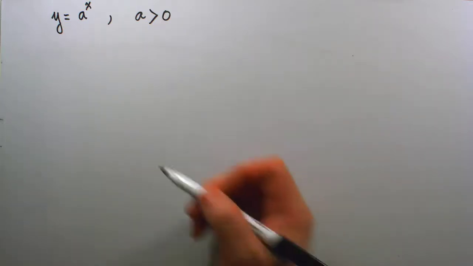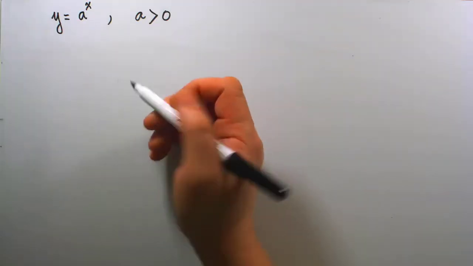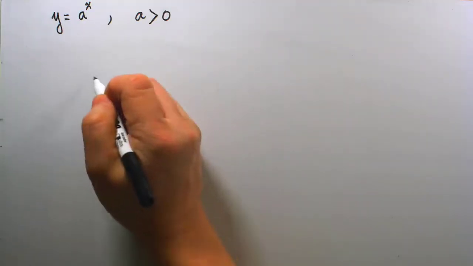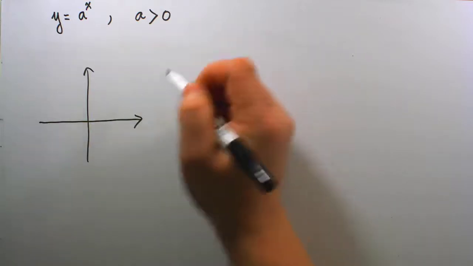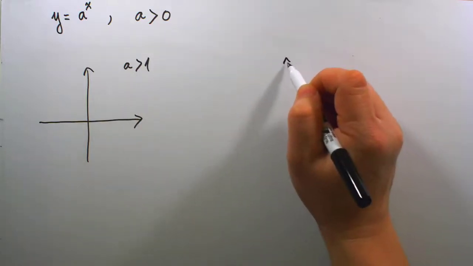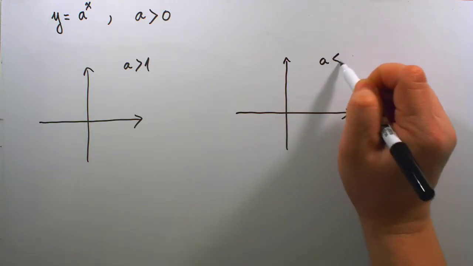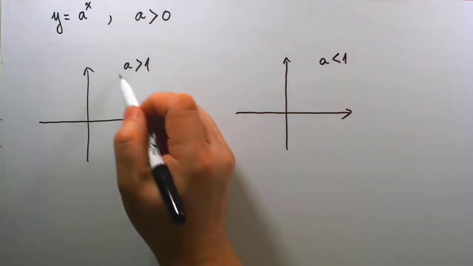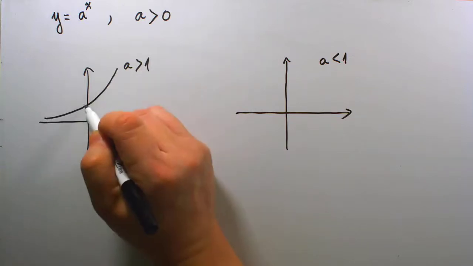And so now, another piece of information that is good for anyone to know. Let me put the two different cases: when a is greater than 1, and the graph where a is less than 1. When base a is greater than 1, our graph goes up from the left to the right.